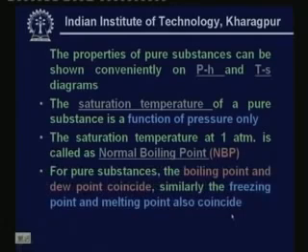Now, for pure substances, this is one peculiarity: the boiling point and dew point coincide. Similarly, the freezing point and melting point also coincide. That means if you keep the pressure constant and boil a liquid, the temperature at which you find the first droplet of vapor is some temperature T, and now you come in the reverse direction.